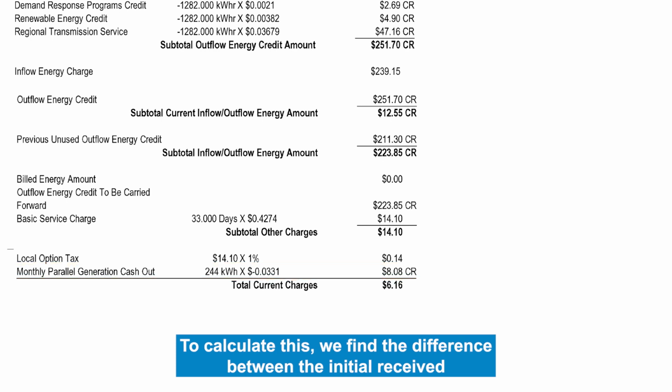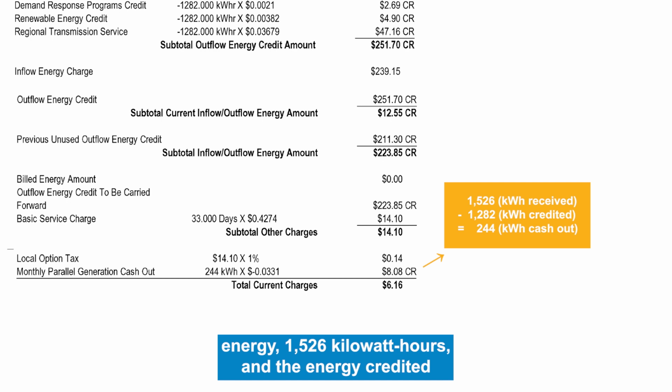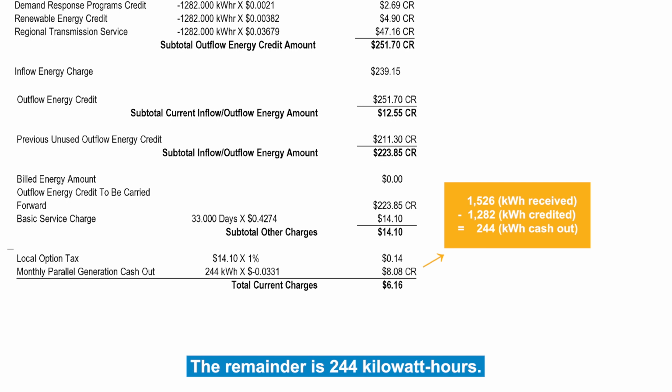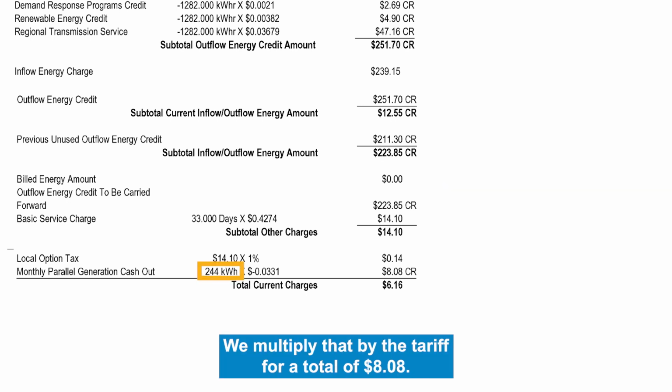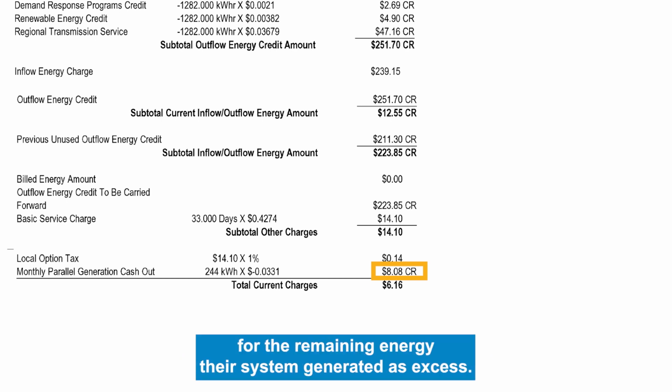To calculate this, we find the difference between the initial received energy, 1,526 kilowatt hours, and the energy credited under the inflow-outflow tariff, 1,282 kilowatt hours. The remainder is 244 kilowatt hours. We multiply that by the tariff for a total of $8.08. This is our example customer's credit for the remaining energy their system generated as excess.